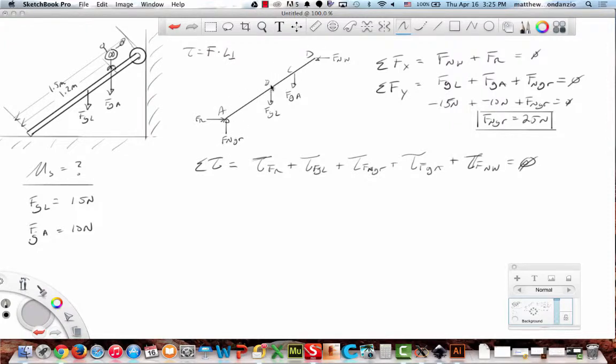If I were to put it around B, what would be the problem about putting the sum around B? I'd have the torque with 2 forces I don't know, FNW and FR. You follow me? Well, let's do the math, okay? Because I'll know the lengths, right?